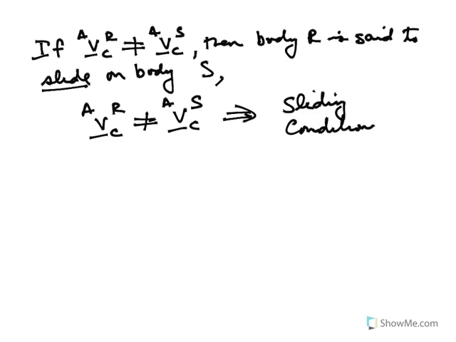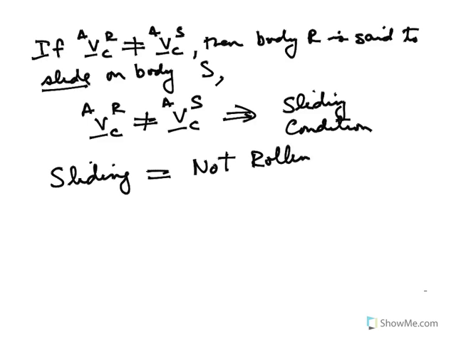What it really means is that sliding is equal to not rolling. So the only thing we can say about sliding is that if it's not rolling, we say that it's sliding.